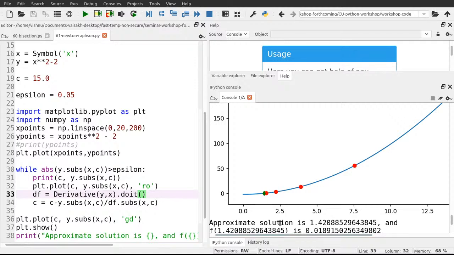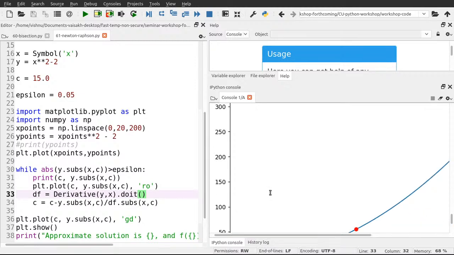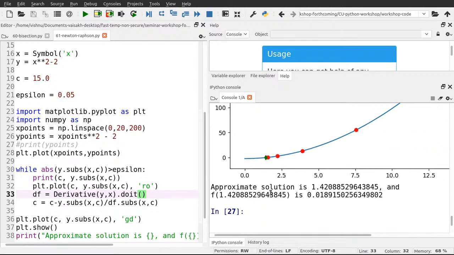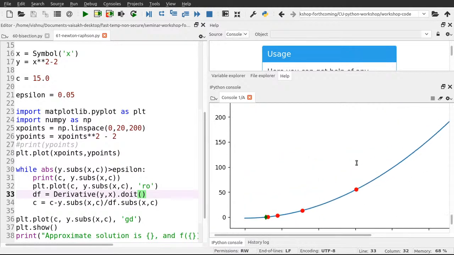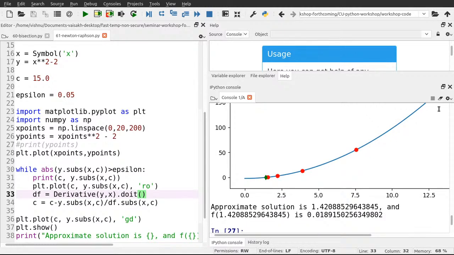Then it's further below, and it's very close to the final answer. This is how it's working. We can see that the distance is slowly converging along this line. So this is zero, and this green dot is against zero.